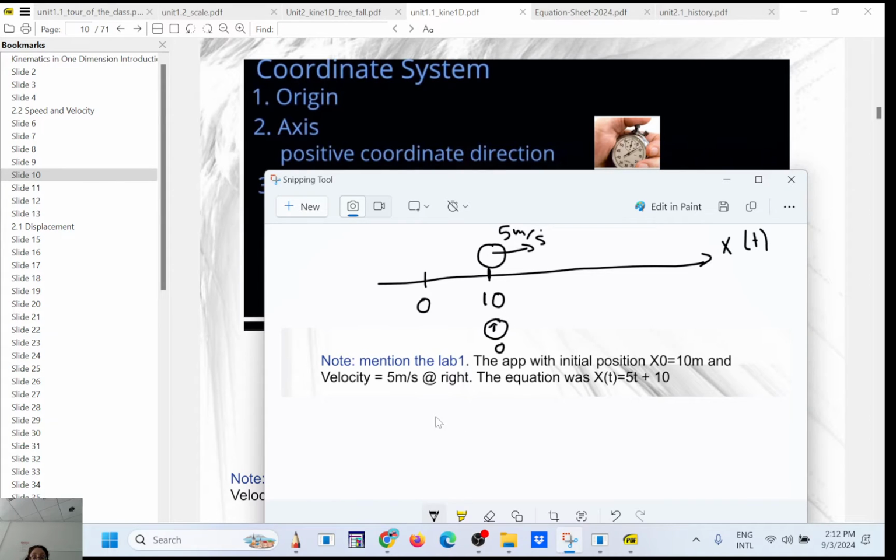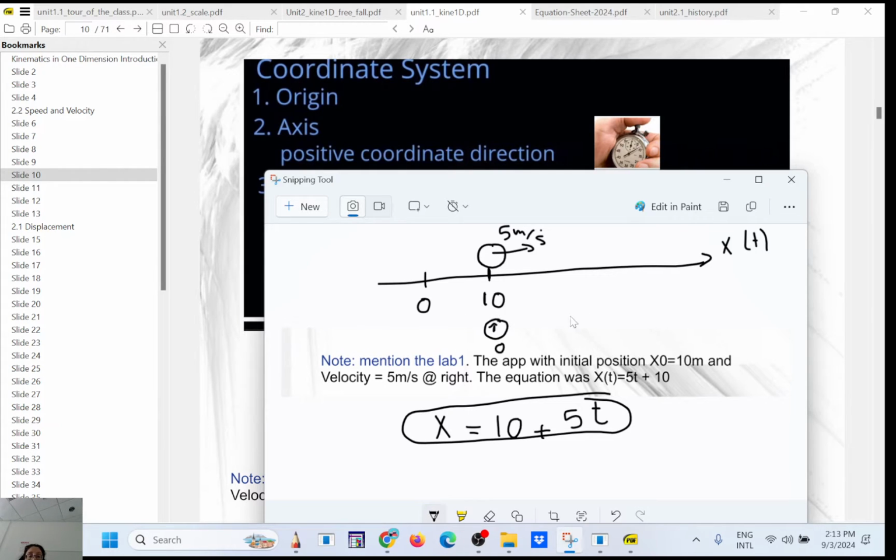Okay? So your position as a function of time will be wherever you started from, so 10, plus whatever distance you are covering. So this is called a kinematics equation. It's going to give you your position on the number line, given your velocity and your initial position.